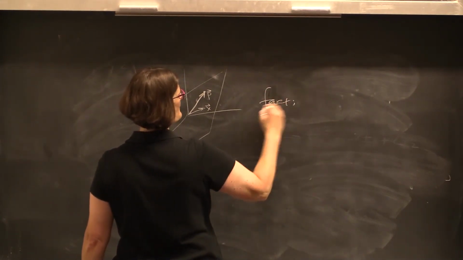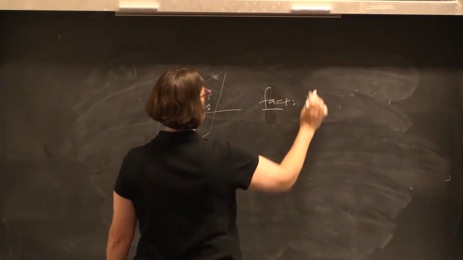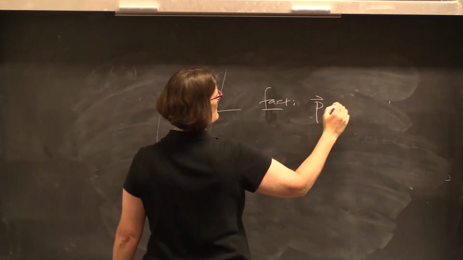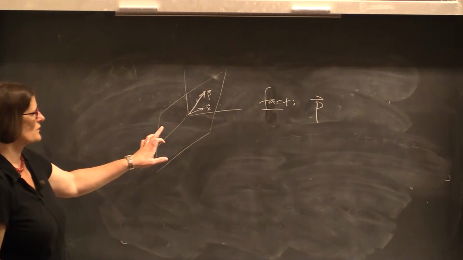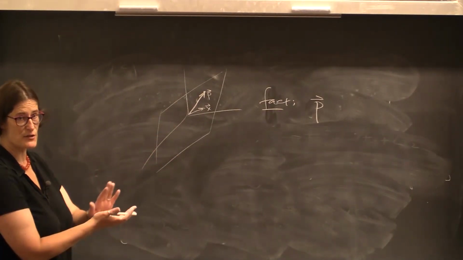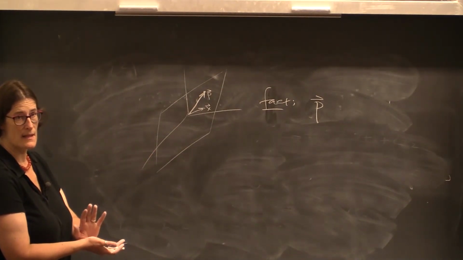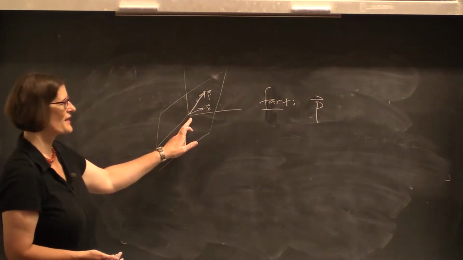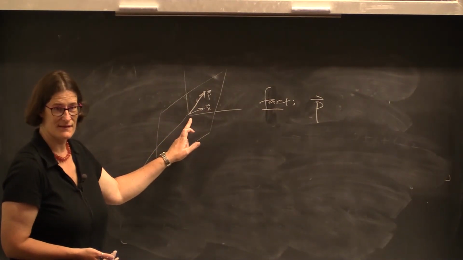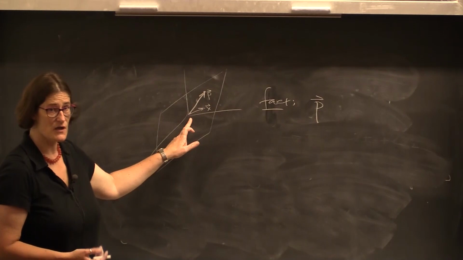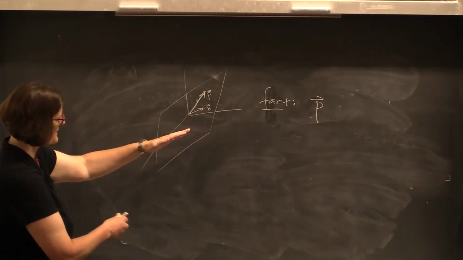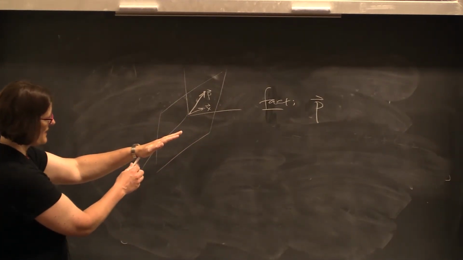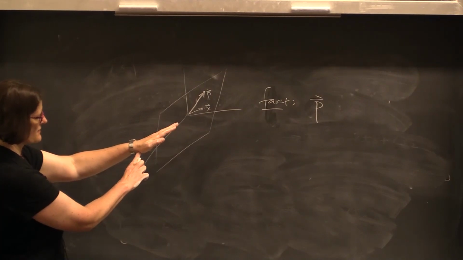So first of all, we have the fact that the vector p, is it actually in the plane? Does the vector p lie in the plane? Well, it does if the plane goes through the origin. But if the plane does not go through the origin, then I'm talking about some plane here, the origin's down here, p is connecting my wrist to the origin.